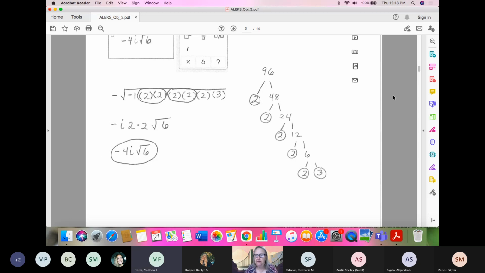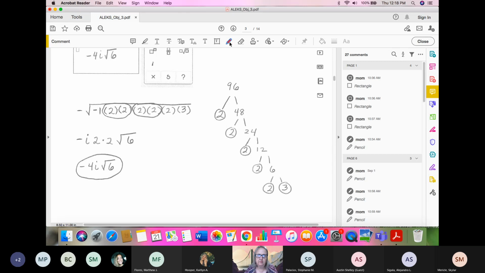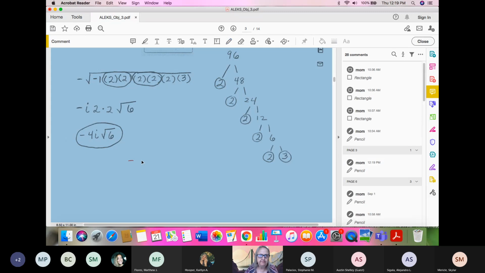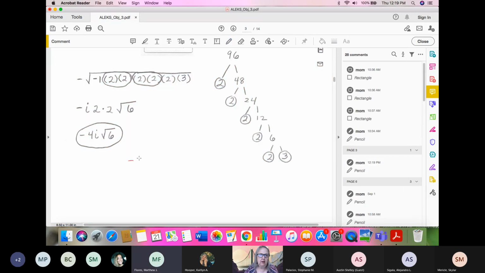So let me write this out for you so there's no confusion. What we really have here is i, and if I break this down into square roots, we really have square root of -1.